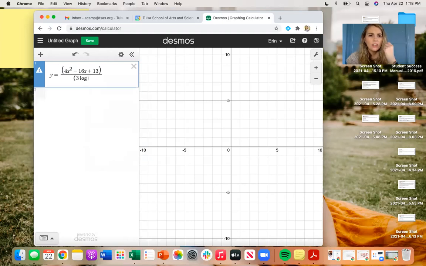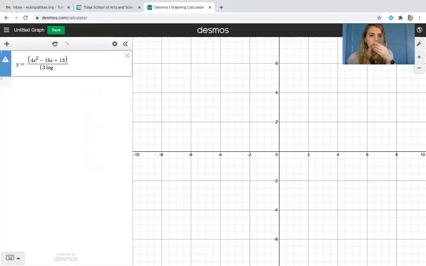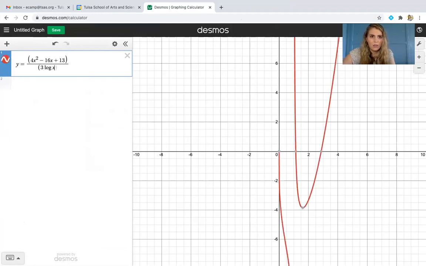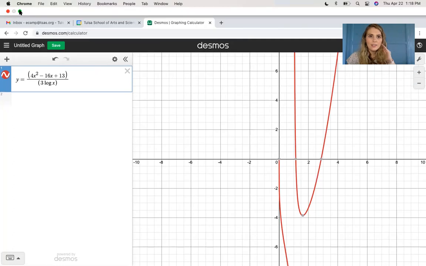How do I do this on Desmos? Okay. Now I can see my zeros. I have 0, 0. I have 1.134, and I have 2.86.